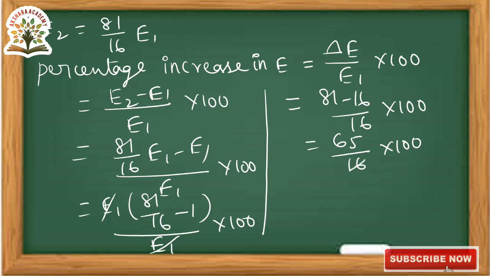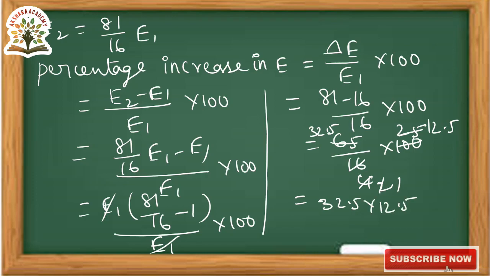Here 4 2s are 8, 4 4s are 16, and again 2 2s are 4, giving 12.5, and 2 ones here, 32.5 by 65. That equals 32.5 into 12.5.